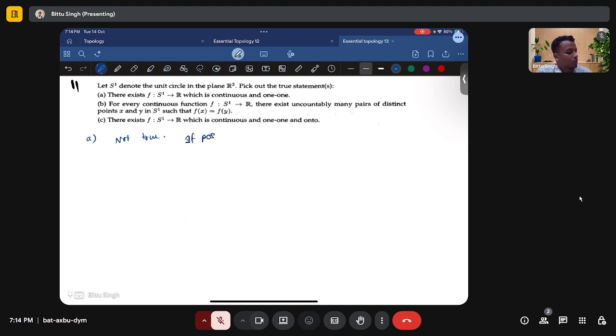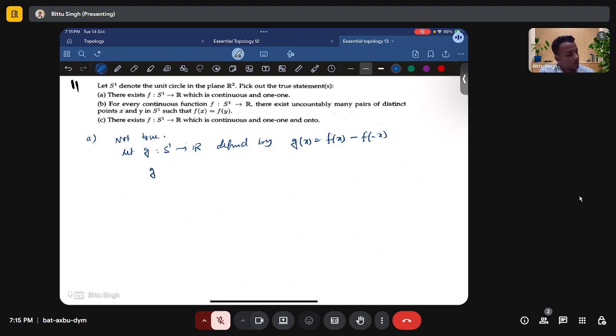If possible, let us consider the function. Let G map S1 to R defined by G of x equal to f of x minus f of minus x.